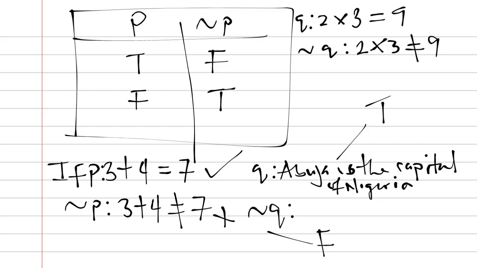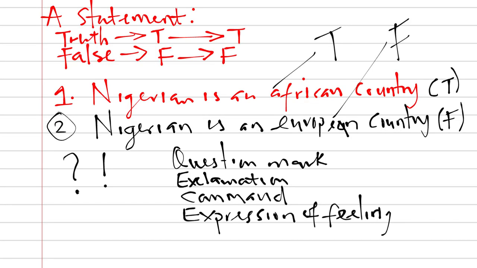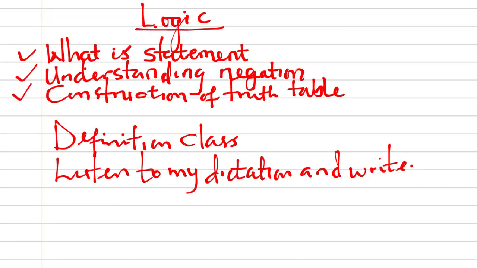So these are how to understand what we call statement, negation, and the truth table. Now we've been able to talk about what is a statement.